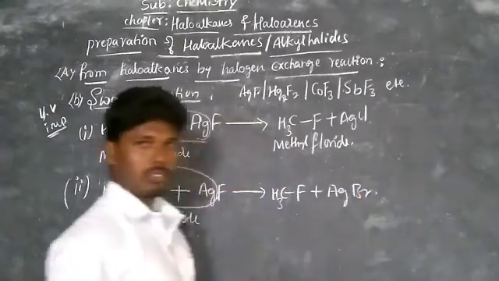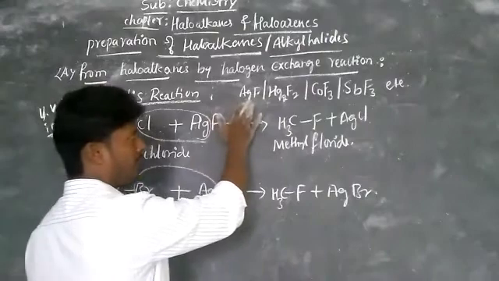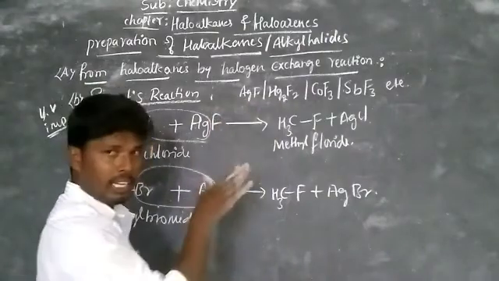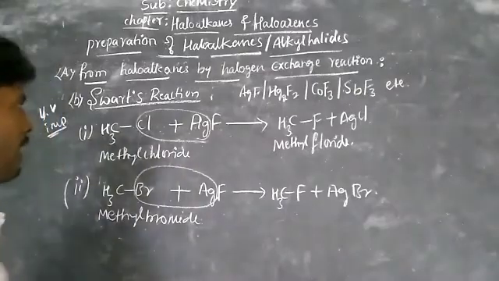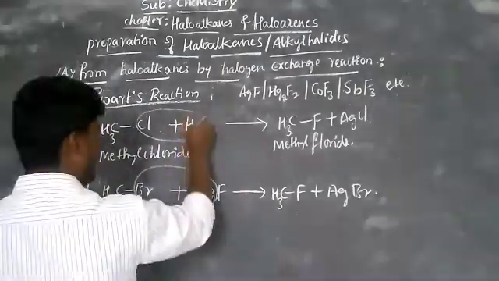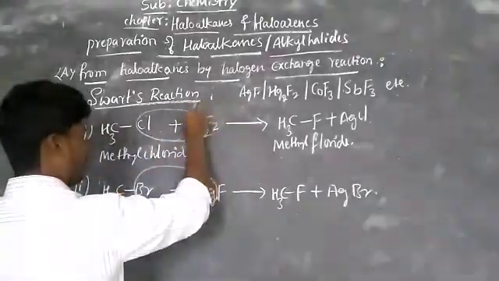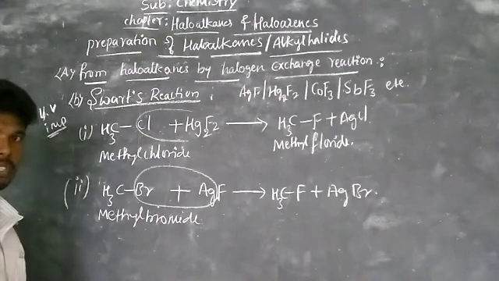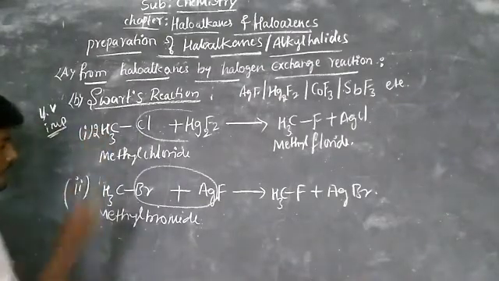If in place of AgF they give mercury fluoride, then how can you write it? If they give Hg2F2, in such cases we should take two equivalents.